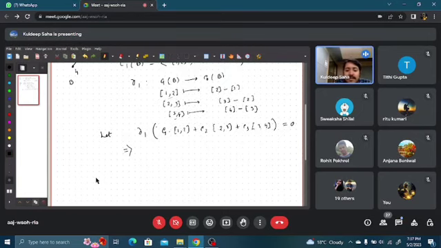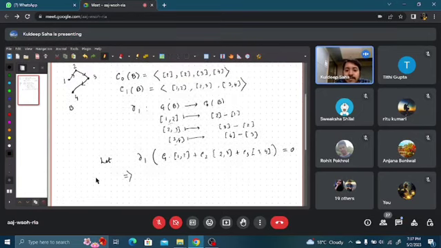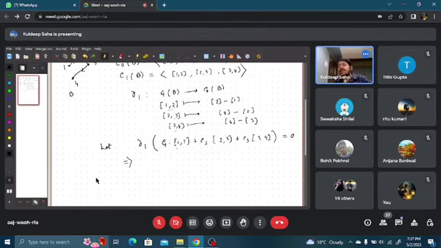Okay, so since this is a group homomorphism, it has all the properties of distributiveness and all that. So by using that, I can write this as c1 delta 1 of 1 comma 2 plus c2 delta 1 of 2 comma 3 plus c3 delta 1 of 3 comma 4, right?